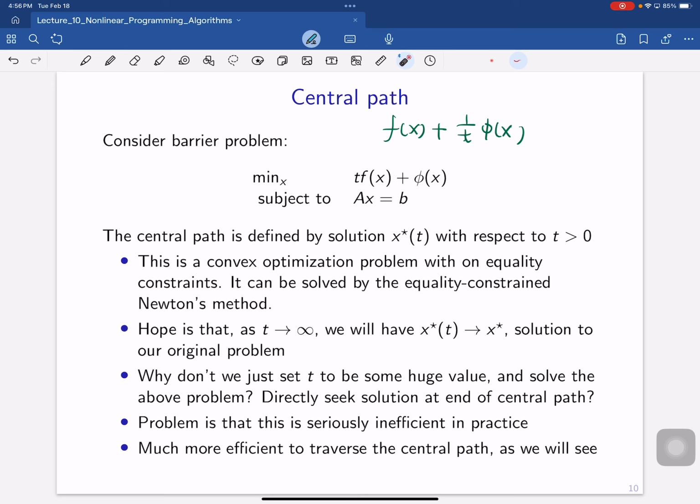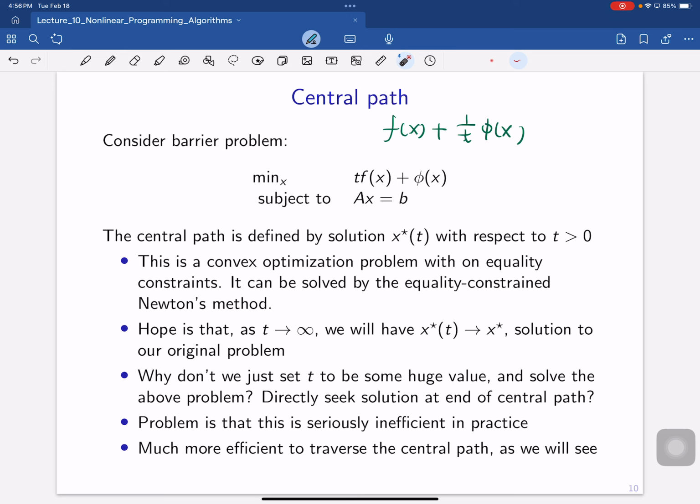Now, the hope is that as t goes to infinity, x converges to the optimal x. Recall that as t goes to infinity, the log barrier function will approximate the indicator function.